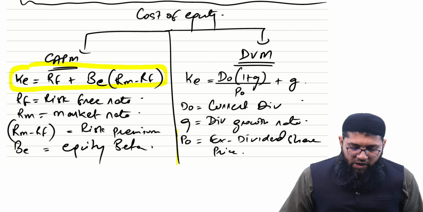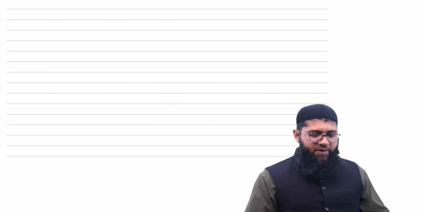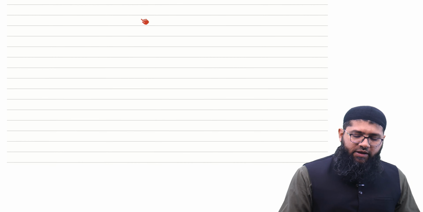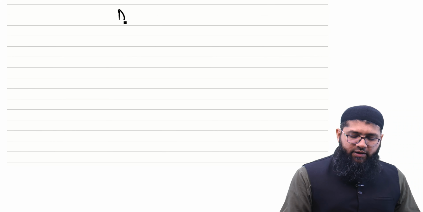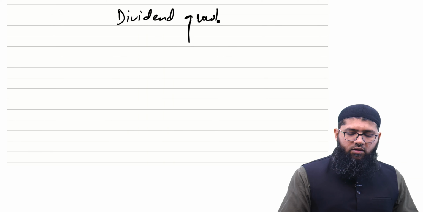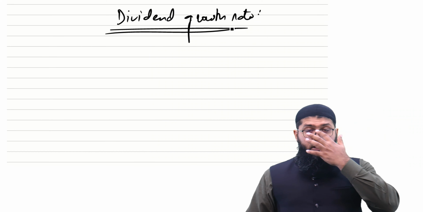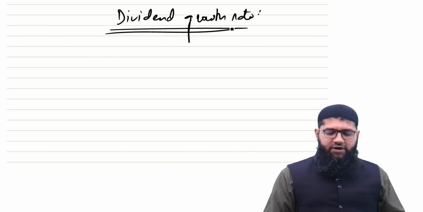Now, when we talk about the dividend valuation model, there is an important aspect, which is the computation of the dividend growth rate. I repeat, the computation of the dividend growth rate.